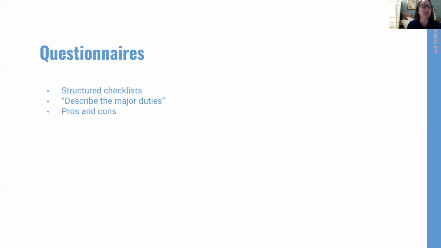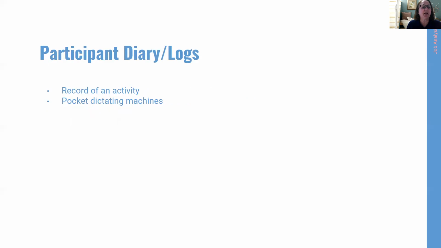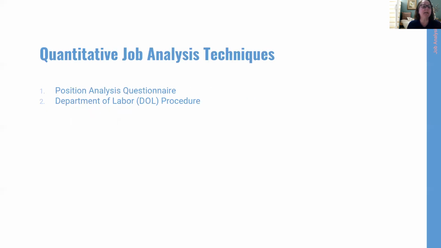You could have structured checklists. You could describe the major duties and have them checklist or add. You can actually look at job descriptions on the internet and have people in your company analyze them as well. You could do observations of people's physical activities. It's not going to work if it's a lot of mental activity, right? Then you could have people do logs or diaries and record their activities.